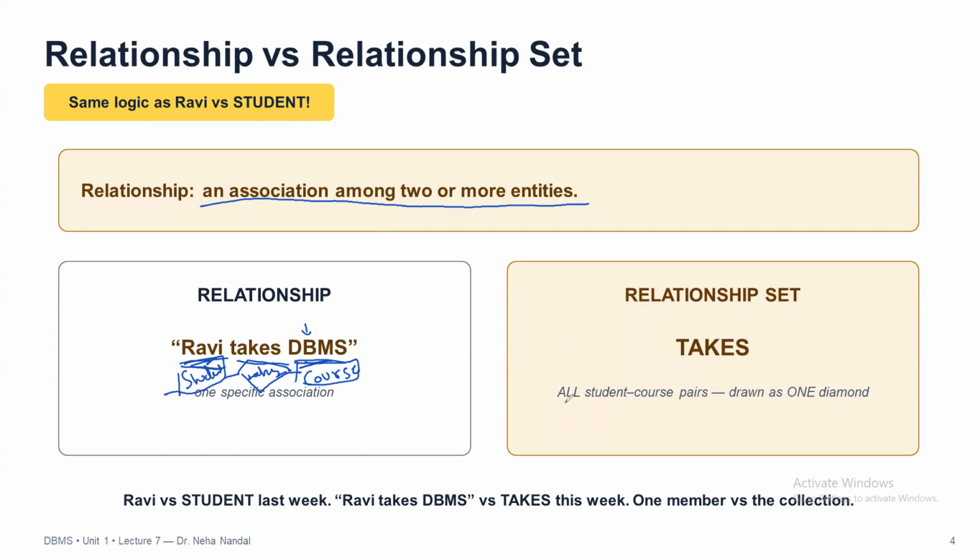These student-course pairs will be drawn as one diamond, and that diamond will be the relationship takes. That means student takes course. In this way, we have to identify relationships for all our entity sets. I hope you got some understanding of what we are going to do. Good, let's go further.